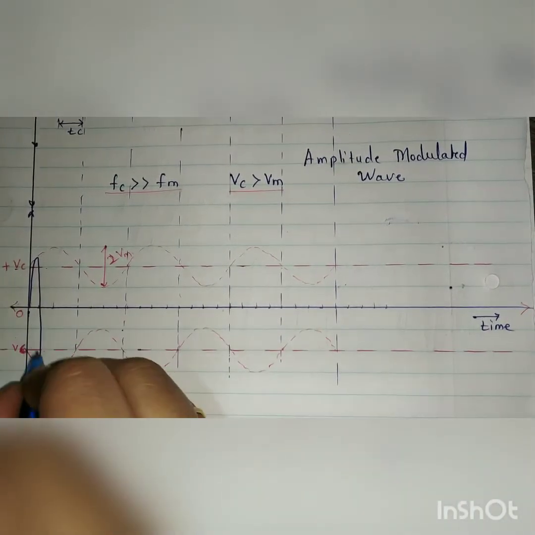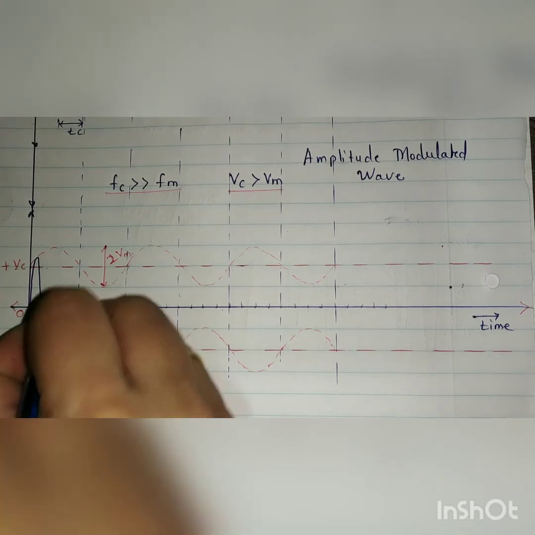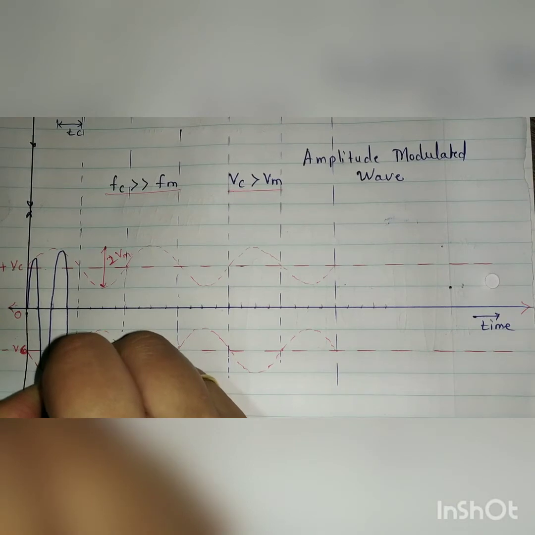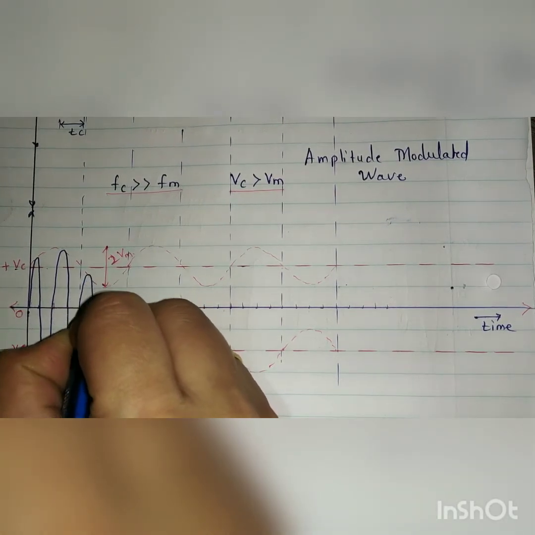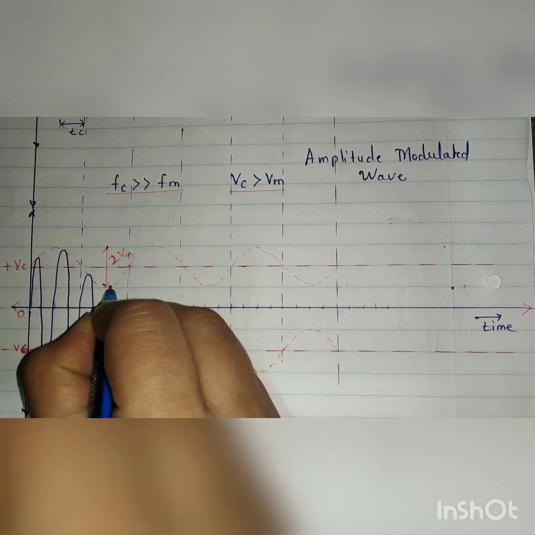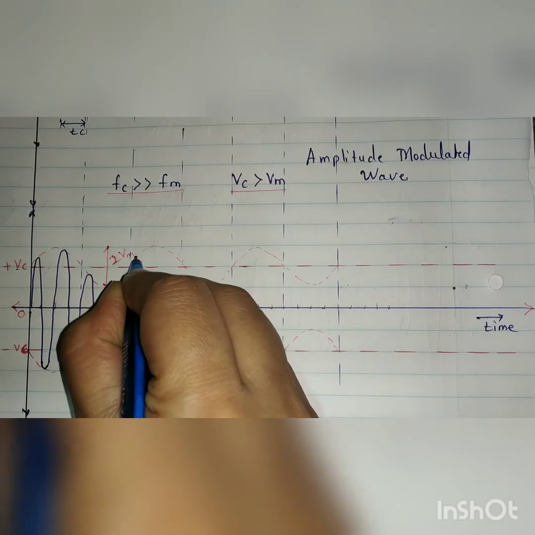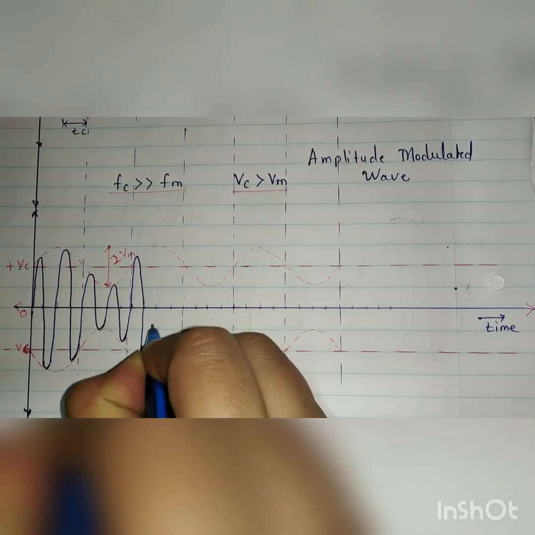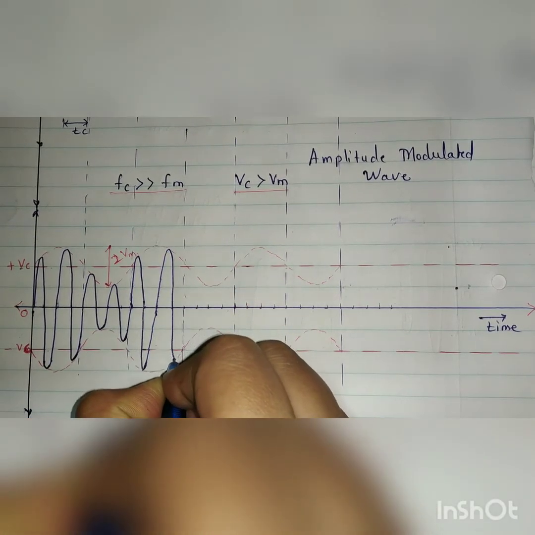Now I am going to draw carrier signal with reference to zero line whose amplitude is changing or varying according to modulating signal amplitude. So peak value of carrier signal is varying according to instantaneous amplitude of modulating signal.